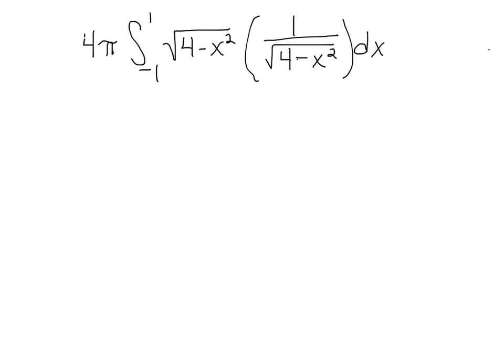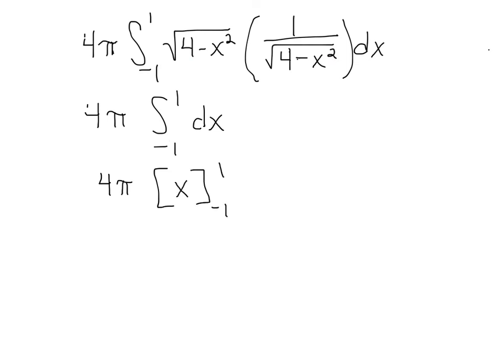If we look here, we can cancel out the square root of 4 minus x squared. So we're now just integrating dx from -1 to 1. This is just equal to 4 pi times the antiderivative of 1, which is x, evaluated from -1 to 1.